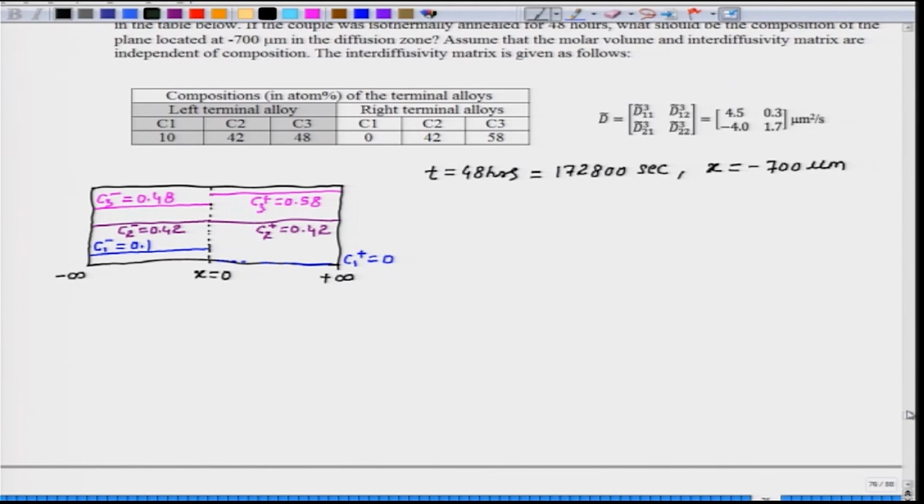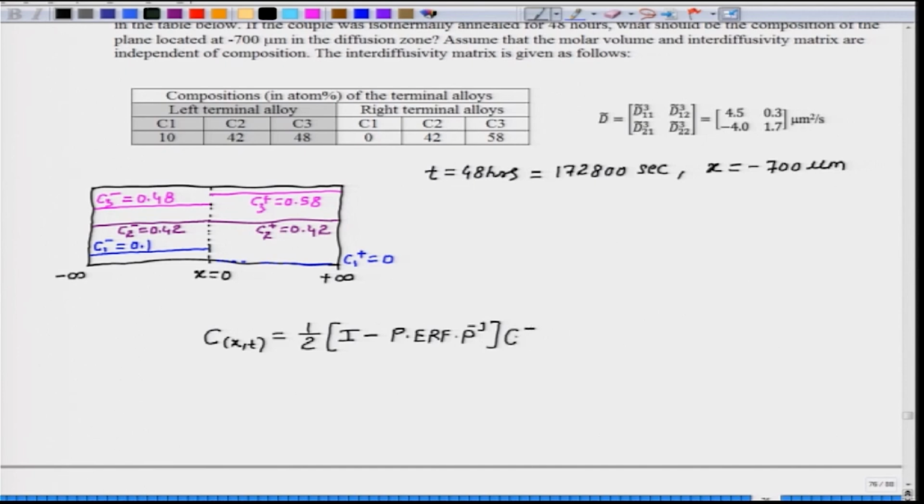As we have derived the solution, this is in the matrix form, and we can write C at x and t, where C is a column matrix. Since there are 2 independent concentrations, it is a 2 by 1 column matrix. So, it will contain the terms C 1 and C 2, since we have interdiffusivities with component 3 as dependent, right. The superscript denotes the dependent component. This should be 1/2 times I minus P times ERF times P inverse times C minus.